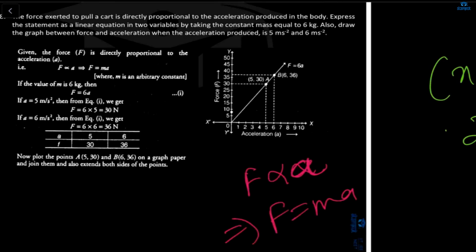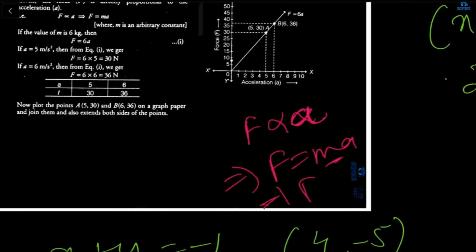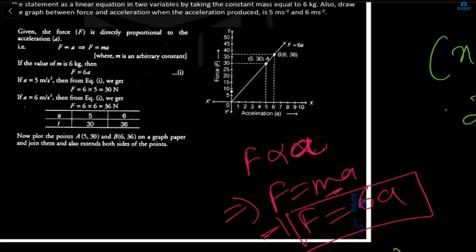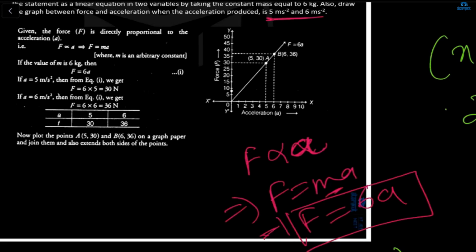Now the constant mass value, it is telling you 6 kg. So we have formed an equation F is equal to 6A. This is your equation. Now we have got the equation. Now what else is it telling you? Also draw the graph between the force and the acceleration when the acceleration produced is 5. Now it is already telling you the value, the points. If you are assuming that A is x, so the x value is already given.